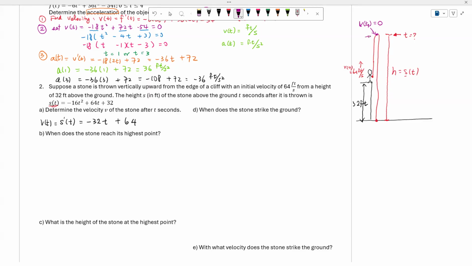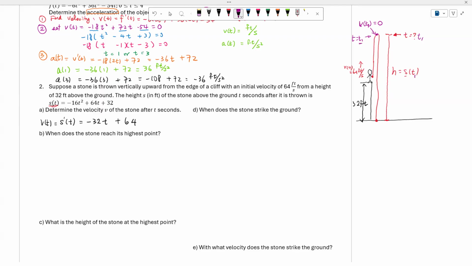So if I could find out the t sub 1 in this case, or maybe call it t equal to t sub 1, then once I know the time t sub 1, I could plug it in here to help me find the height.